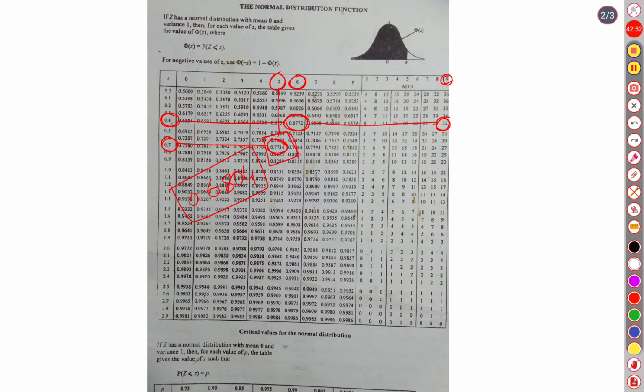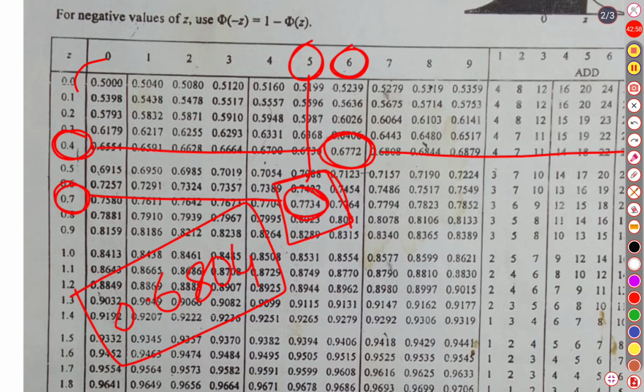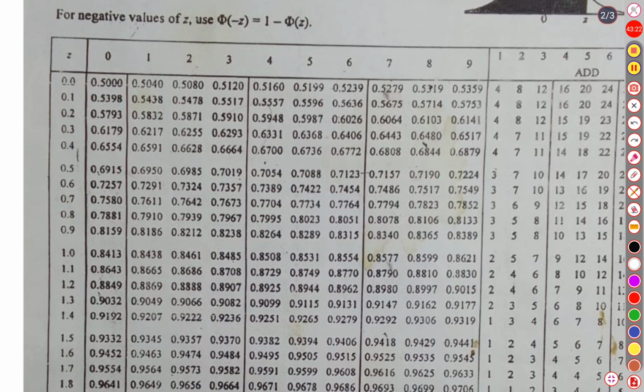As we don't have any probability less than 0.5, look at this, the smallest probability starts with 0.5. So we will have to find the greater probability, but the sign of the z-score has already been decided, it is positive. Actually, left and right is required for the sign of the z-score. Now let us find when the probability is 0.8. It may not be found exactly, but we will try to find the closest one.